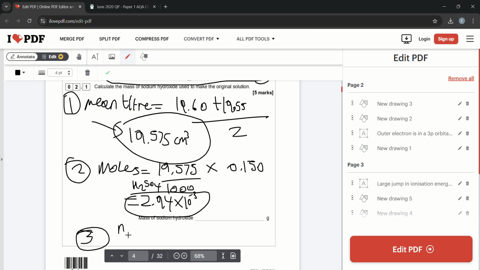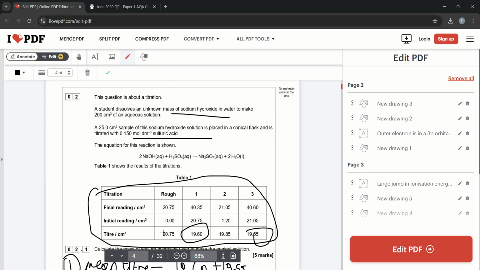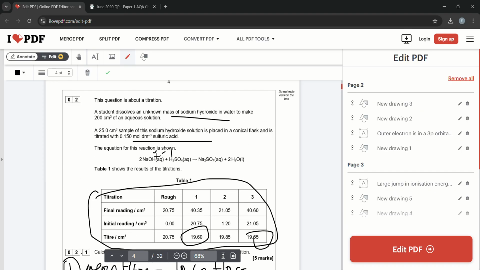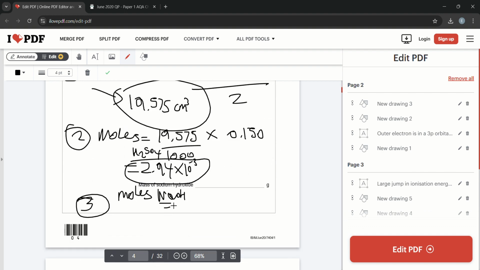Now I can find out the moles of NaOH. Well, it's a 1 to 2 mole ratio, so it's just going to be my answer times by 2, which is 5.87 times by 10 to the power minus 3.